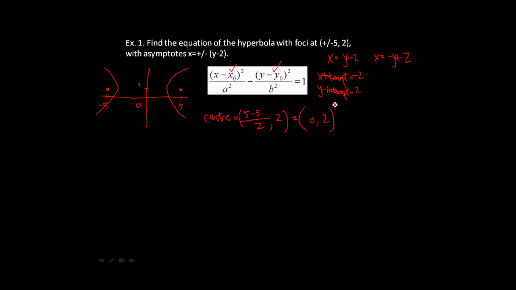And it has a slope 1. Alright. Now similarly, for this one, the x-intercept will be 2. Okay. The y-intercept will be 2 again, and it has a slope minus 1.